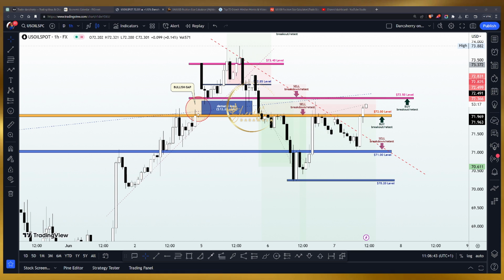Together we are going to be exploring the fundamental factors, recent market movements, and chart patterns to uncover valuable insights that could greatly influence our trading decisions for the New York session. So let's get ready for an insightful session.